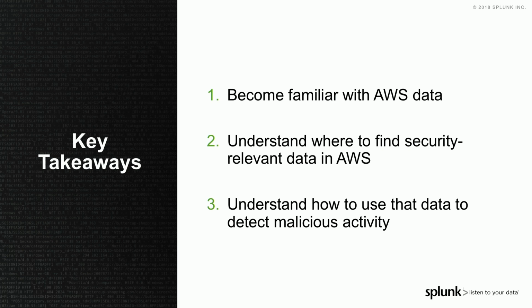And then more importantly, how to use that data to detect malicious activity. And if you were to integrate that downstream with any other solutions or analytic engines you have on-prem or even additionally in the cloud, know how that integration should or can happen, right? And we're here to also help you provide some guidance there.